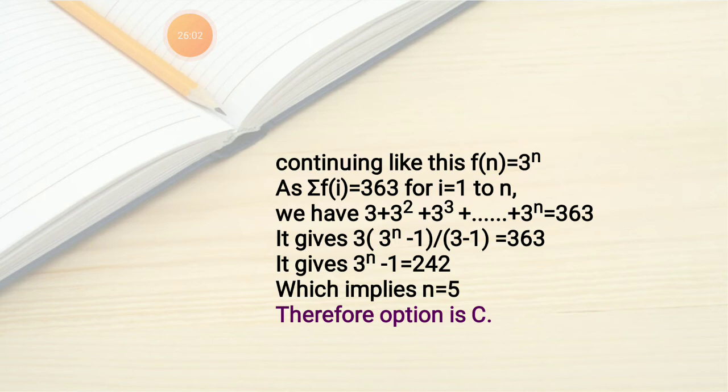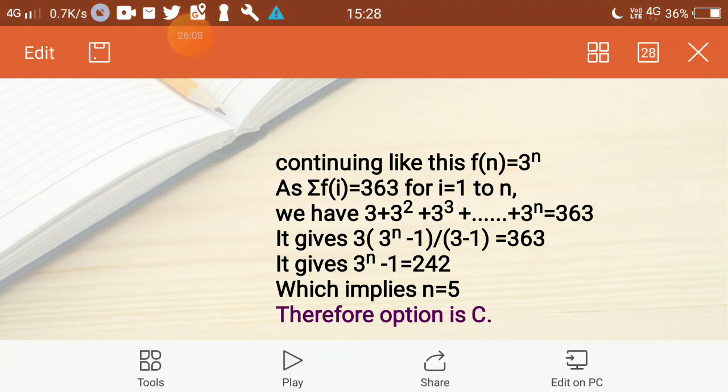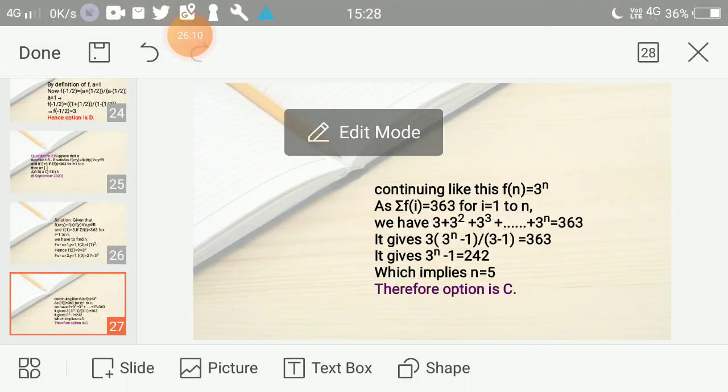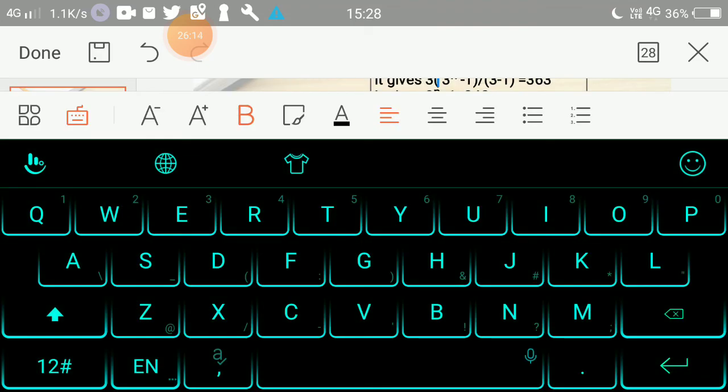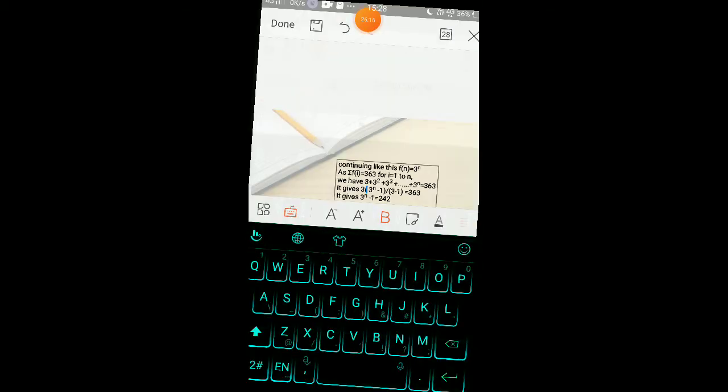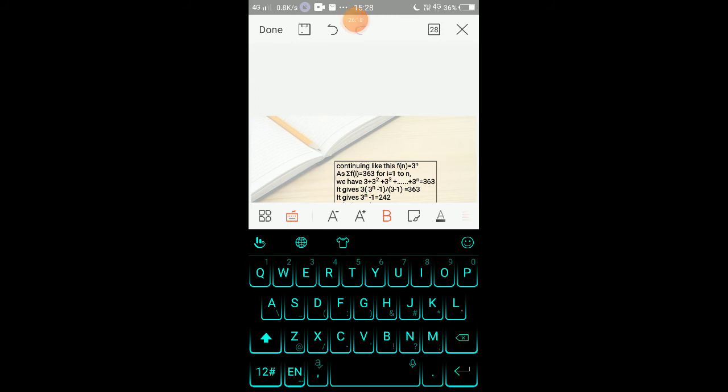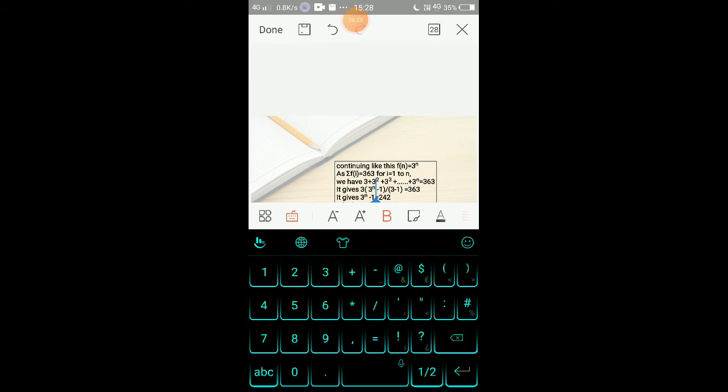Of course here some mistake done. Actually here n plus 1 terms there, so I have to take n plus 1 instead of n. So here a small mistake did, n plus 1 should be taken in power.